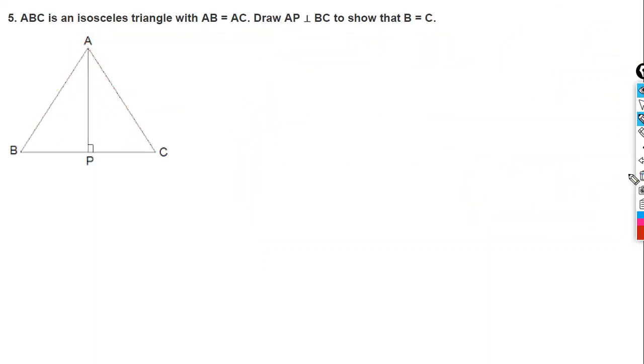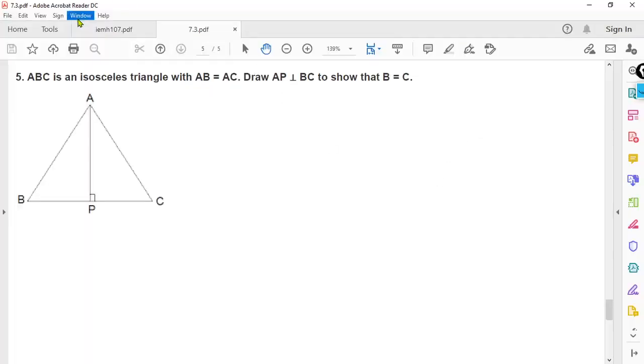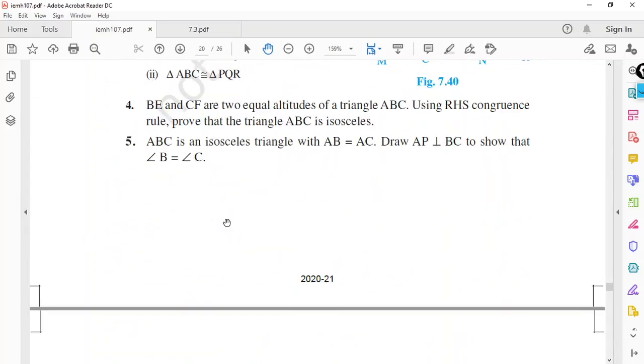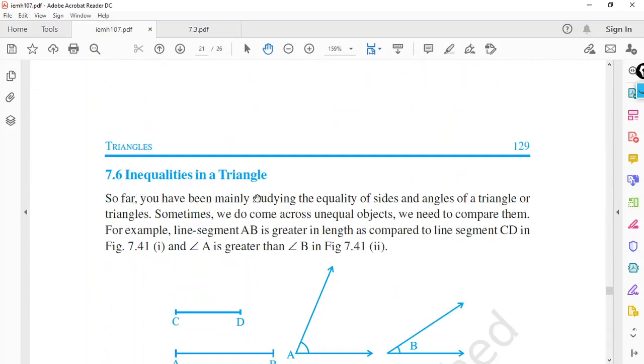Then we have another exercise, that is 7.4. But this year, you know that CBSE has deleted some chapters. One second, I'll move to that. Here it is: inequality in triangles.